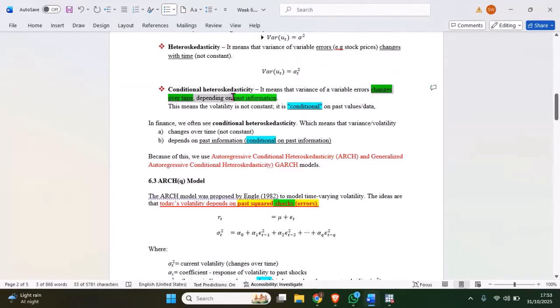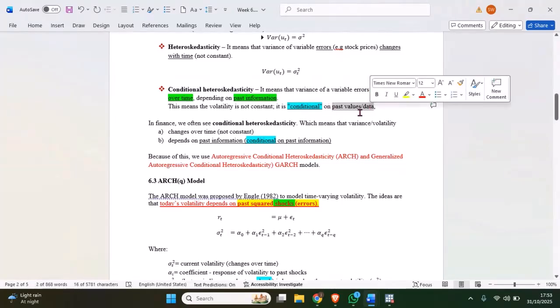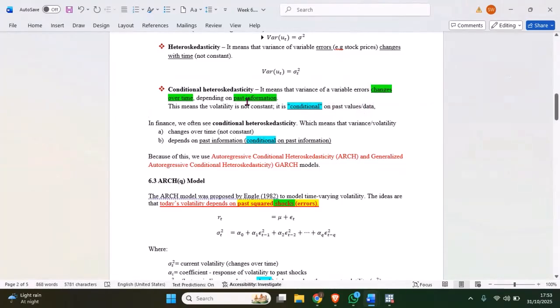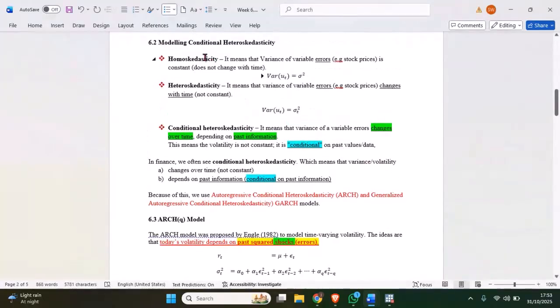Conditional heteroskedasticity means the values of the error terms change over time and they depend on past information. This means that volatility is not constant, it is conditional. So this term, conditional heteroskedasticity, means that volatility is conditional or it is pegged on past information.